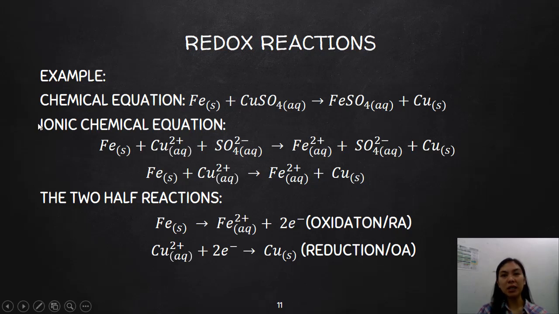If we rewrite this chemical equation into its ionic form, you will see that it's actually like this.